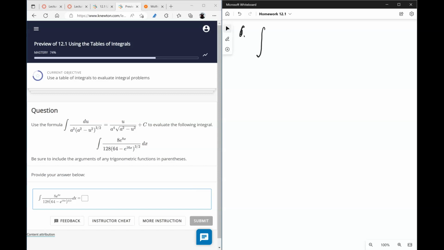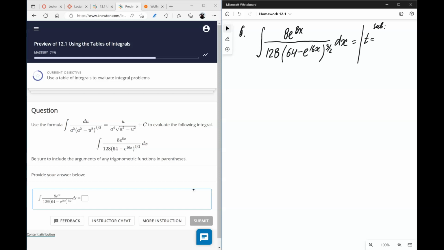Here we just have to recognize the pattern. In order for us to see the pattern, we have to do this substitution.